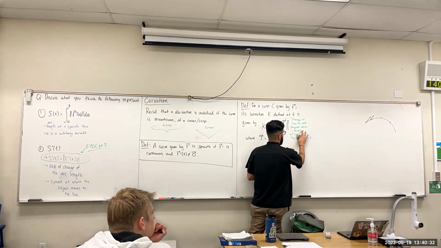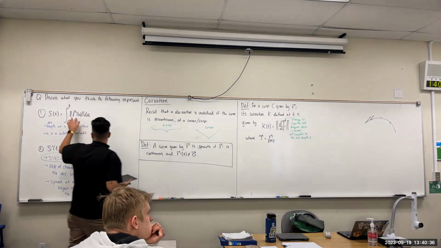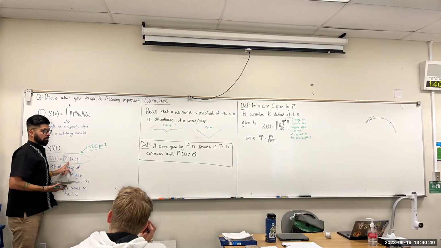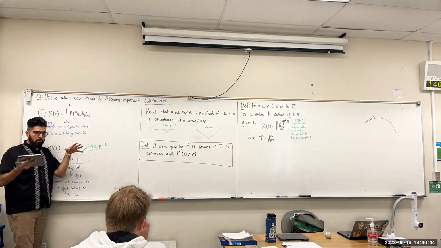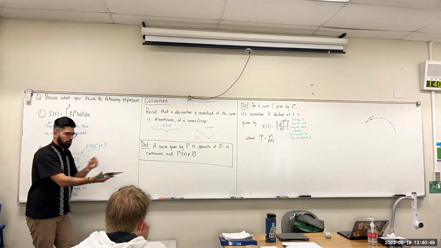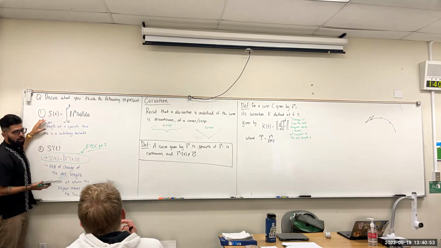So s is like just the outline. S prime is the magnitude of r prime. It's a little overwhelming right now because a lot of stuff is colliding all together, so that's why I'm trying to keep it separate. This is why I couldn't just say it.